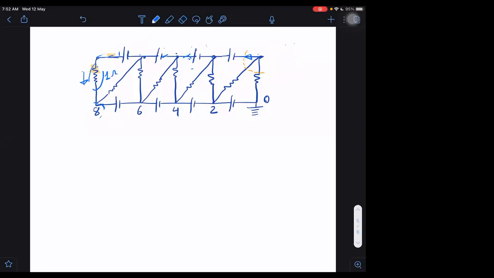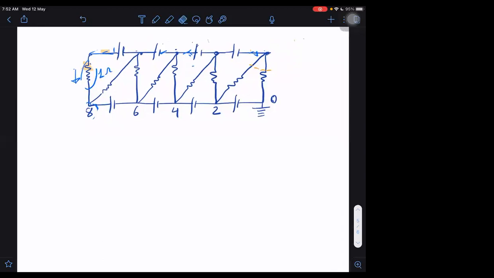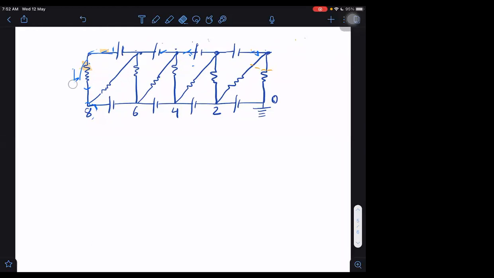Let us do it by KVL, but not the usual KVL which you will see in books. I will follow a different method that will be better than the usual method in the books. What we are going to do here is assume that the current in the first loop is I1. What is the current here?